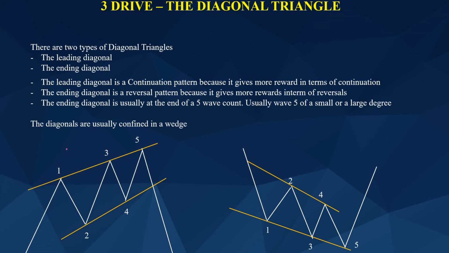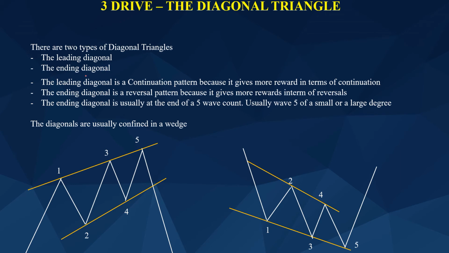At the end of this lesson, you'll be able to identify what a diagonal triangle is. You may not be able to identify the differences between the leading diagonal and the ending diagonal, but if you're interested in that, you can look for more examples in Elliott wave, where there is a very good description of both.